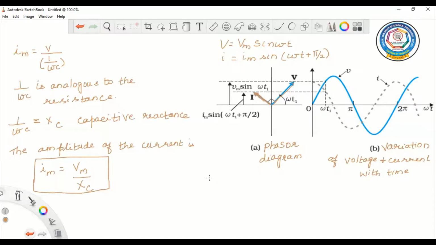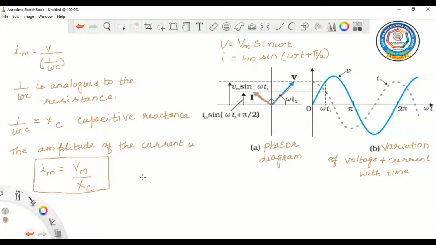Now let us continue with this capacitive reactance, children. Already you are familiar with this. Capacitive reactance Xc is equal to 1 by omega c. Of this, the amplitude of the current Im is equal to Vm by Xc.